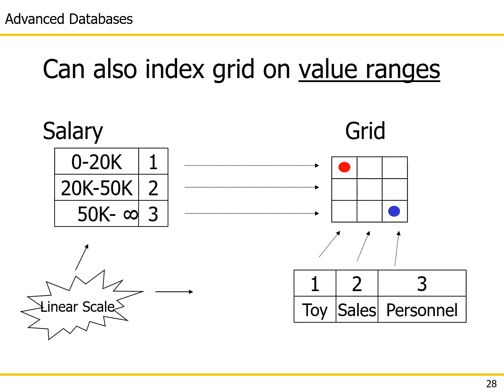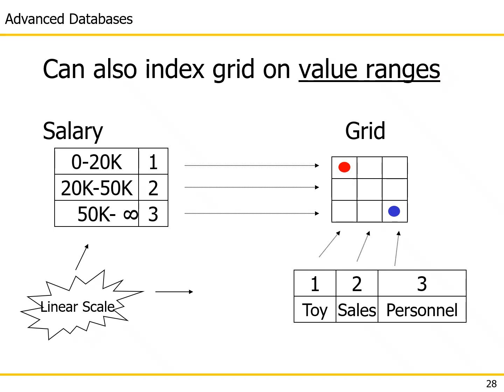For example, the first column in this grid is only for employees who are in the toy department. The second column in this grid is only for sales employees, and the third column in this grid is only for employees in the personnel department. Similarly, the first row in this grid is for those who are between 0 and 20K.